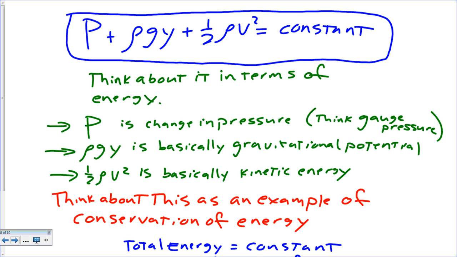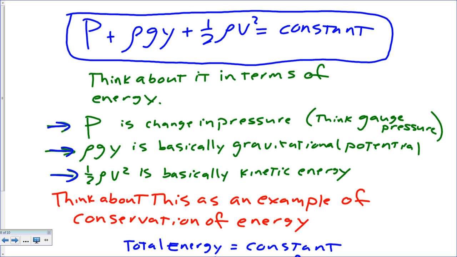And so what I want you to do is think about this equation as an expression of conservation of energy. If you add up all three of these, the energy is conserved. The amount of stuff you have is the same no matter what. And this is important. This is coming back to our assumptions of an ideal fluid.